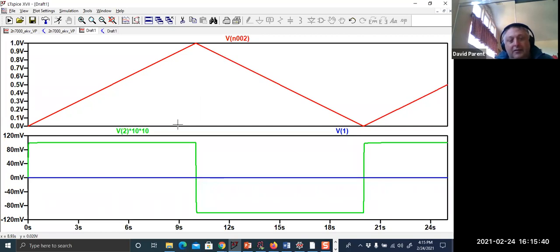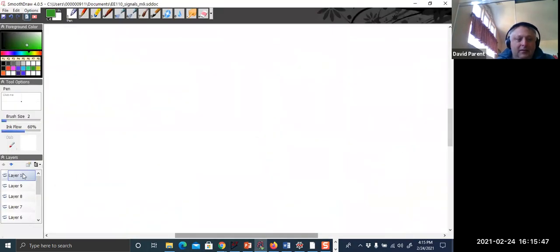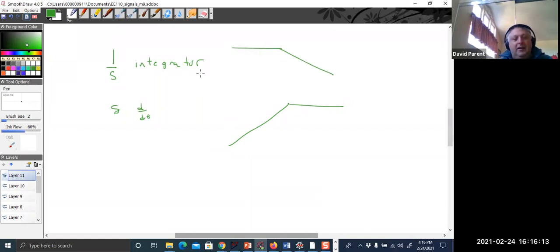So this is taking the derivative. You will often hear that one called an integrator, and that's a differentiator, because this is going up and then flattens out, and this is going down.